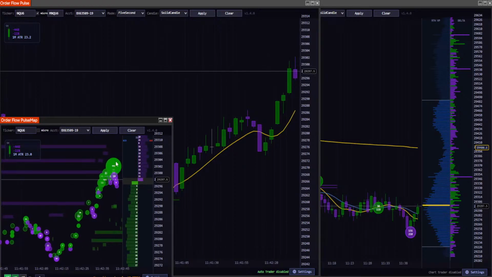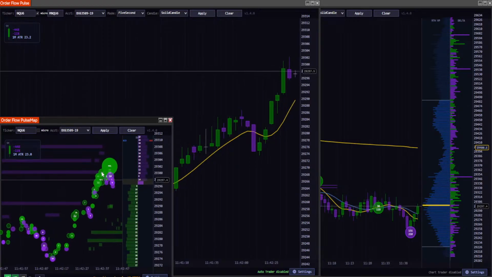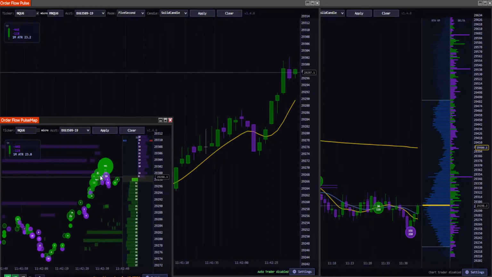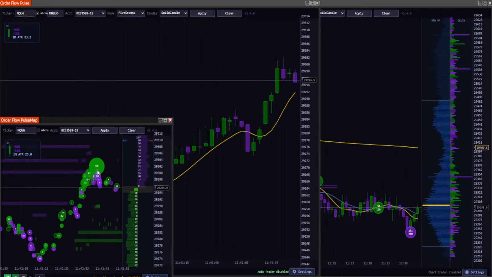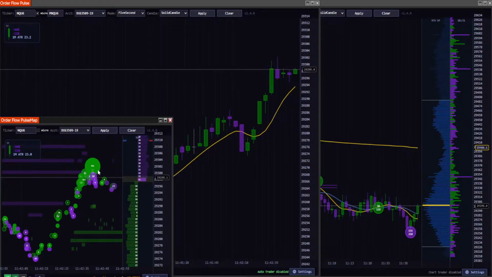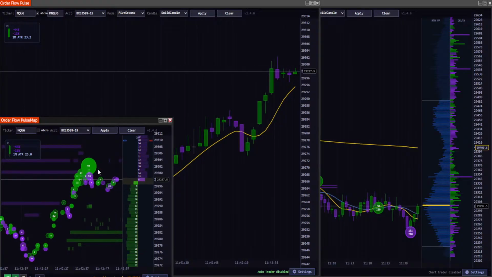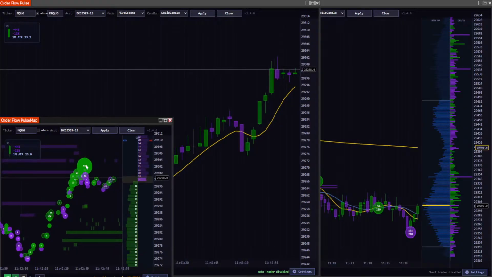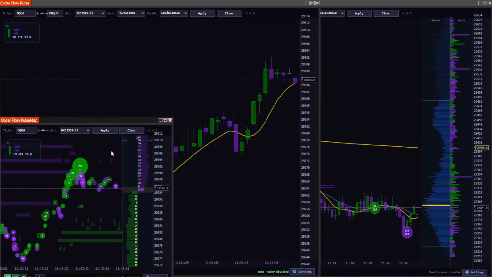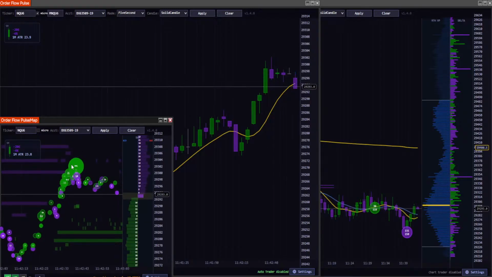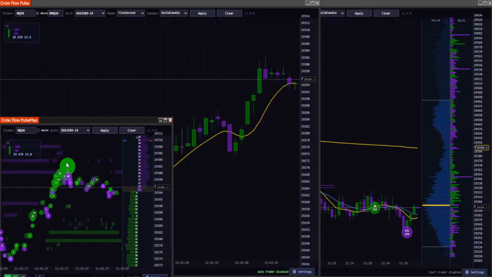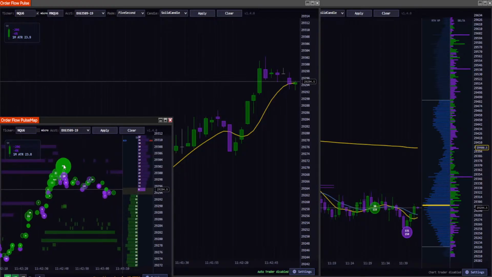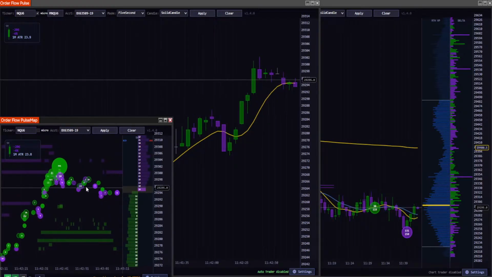We got large volume being filled out right here. It wasn't 100 aggregated orders, so it didn't show up. It was just a big, large bubble with dark green, which means high positive delta on the heat map.